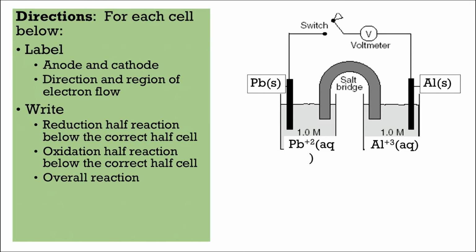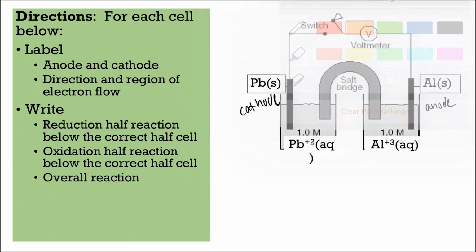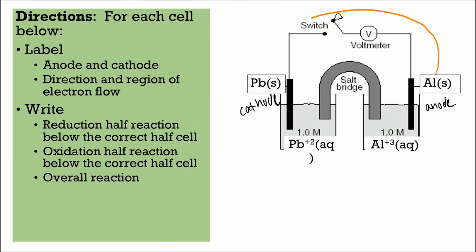And if we look at table J, we'll see that aluminum is higher up, which makes it the anode. Lead is lower in this case, which makes it the cathode. And we know that electrons always flow anode to cathode. And we know that reduction happens at the cathode, and we know oxidation happens at the anode.